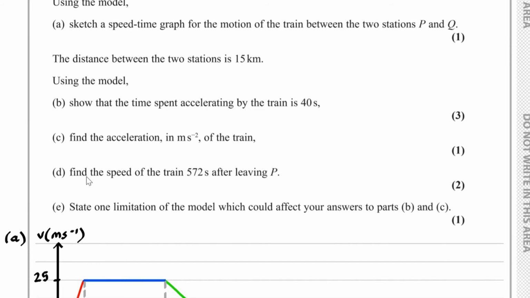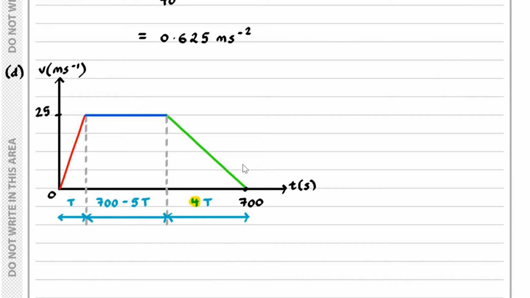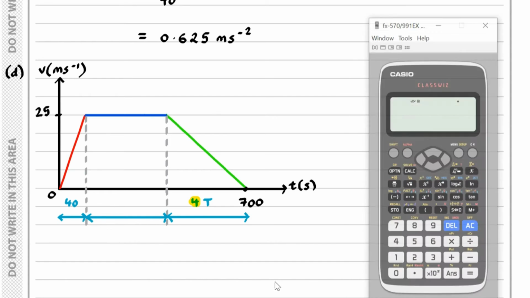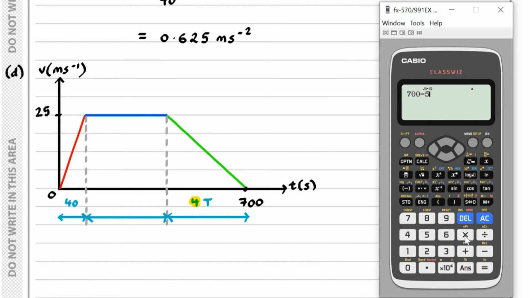Then, for part D, we have to find the speed of the train 572 seconds after leaving P. Well, for part D, if we know that t is 40, that means here we have 40, and then here we have 700 take away 5 times 40, which is 500, and 4 times 40, that will be 160.